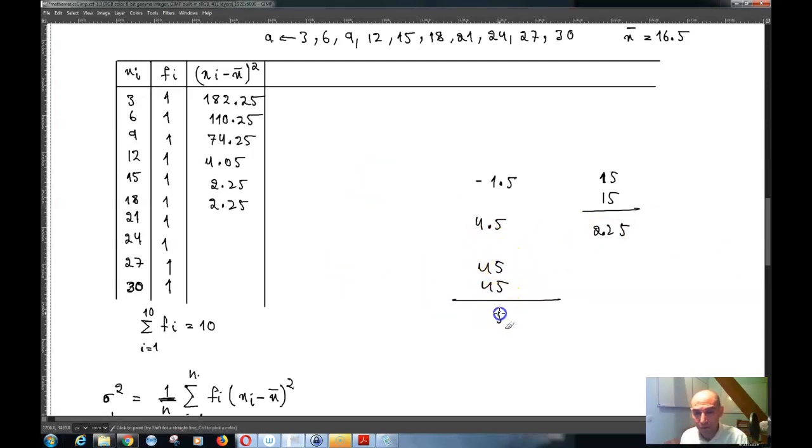So 5 times 5 is equal to 25, and so on. 2 decimal places, that's 20.25.